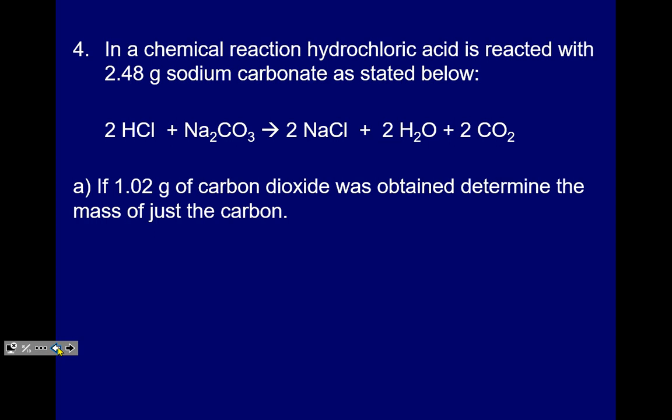Now, I needed an experiment that didn't involve a Bunsen burner and a synthesis reaction like the last one. So I found an example of an experiment where an acid is reacting with a carbonate. And the balanced chemical equation is not important.